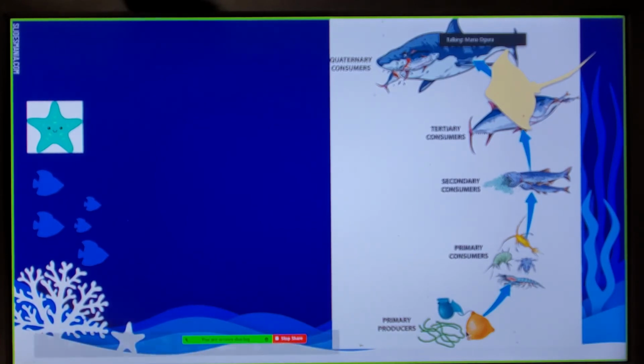They're second in line after the primary to get the energy. Then tertiary means 3. They're third in line. Quaternary means 4th. Now, this could go on a little further, but it just depends on the environment that you're in and what organisms live there.